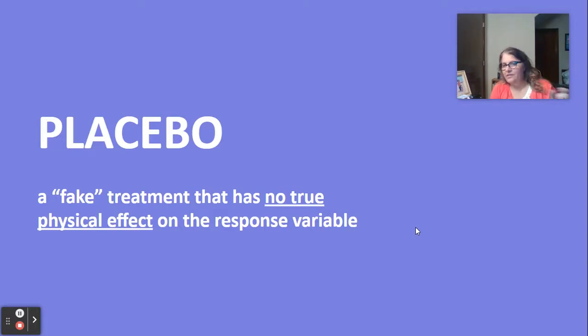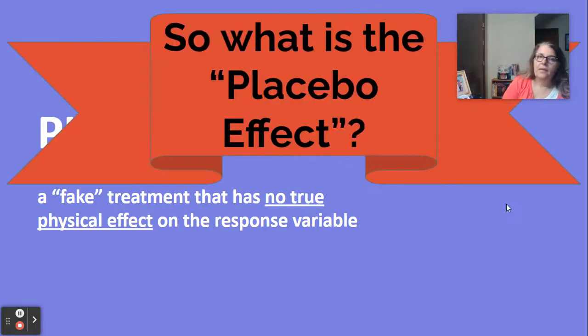It looks the same, feels the same, everything is the same, except that the placebo has no true physical effect on the response variable. But you want your subjects to get the same treatment as far as having to take a pill or get a shot. But sometimes when you do this, we have what is called the placebo effect.